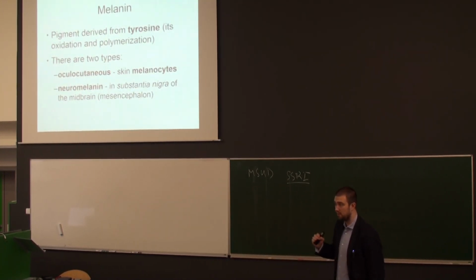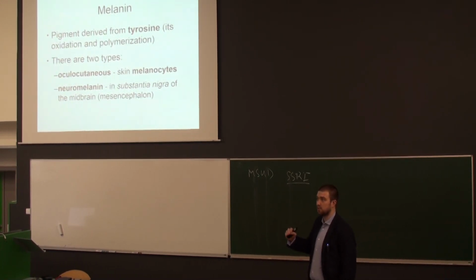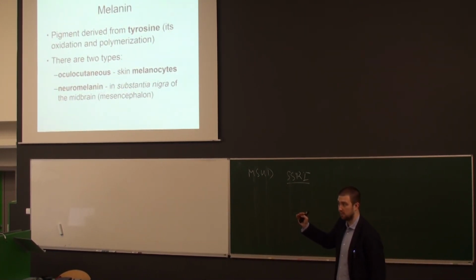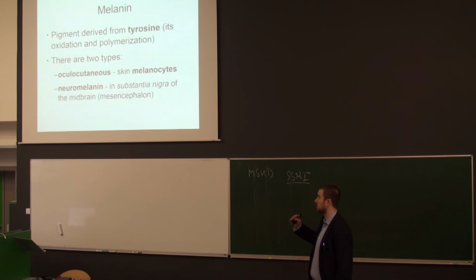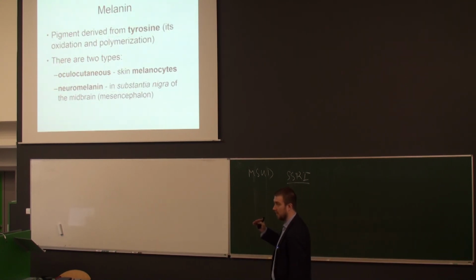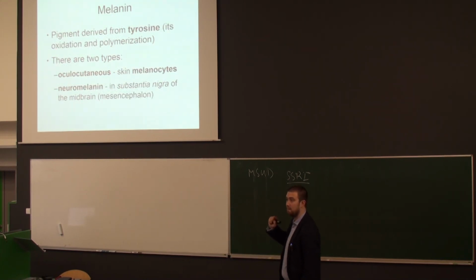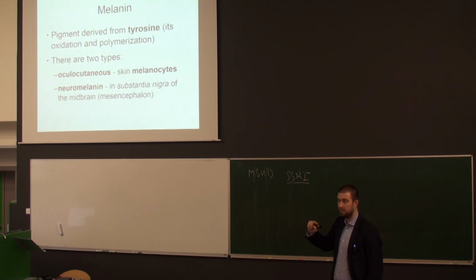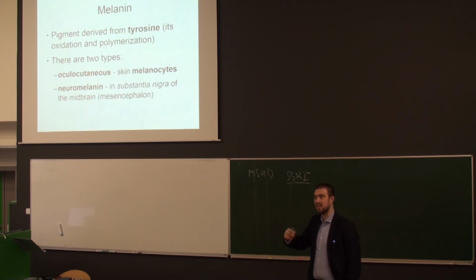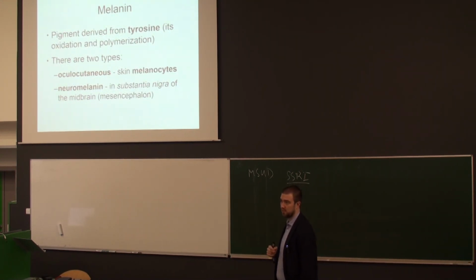So you can remember that tyrosine gives you dopamine as the biogenic amine, plus tyrosine gives you melanin, and therefore something that's black in your brain, that means substantia nigra, must have something to do with dopamine, and altogether it's coupled together in Parkinson disease.